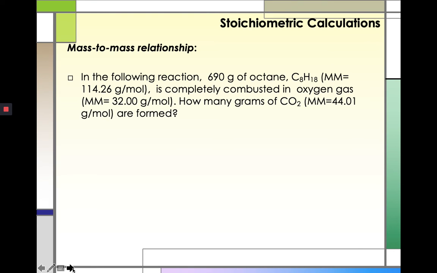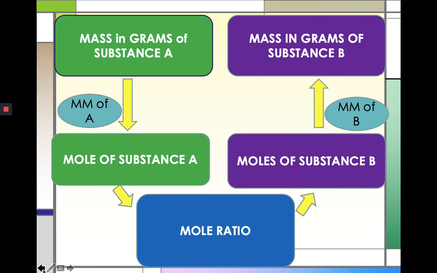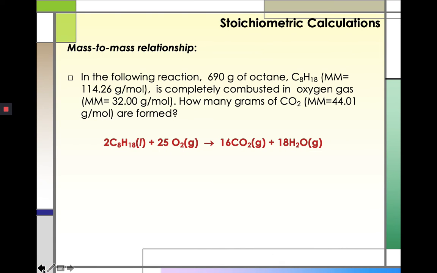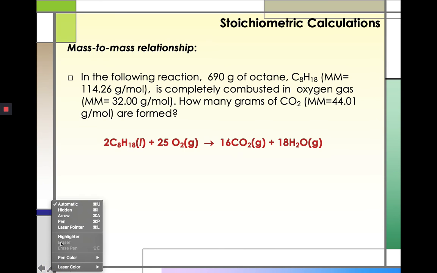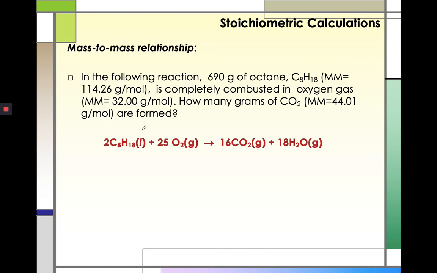How many grams of carbon dioxide, with a molar mass of 44.01 grams per mole, are formed? You now have the balanced equation given. So let's start with what we have. Here we are asked how many grams of carbon dioxide.